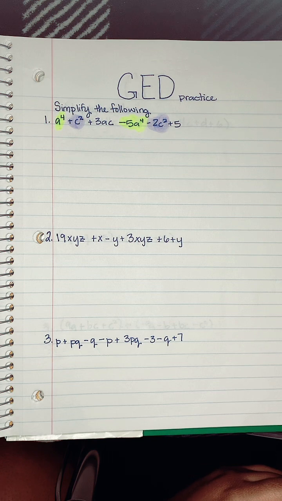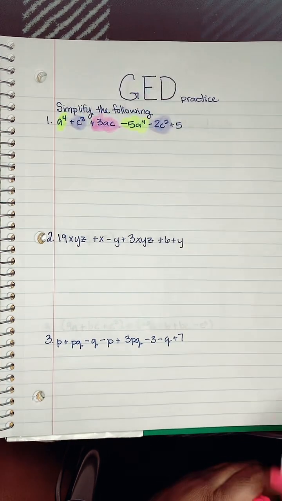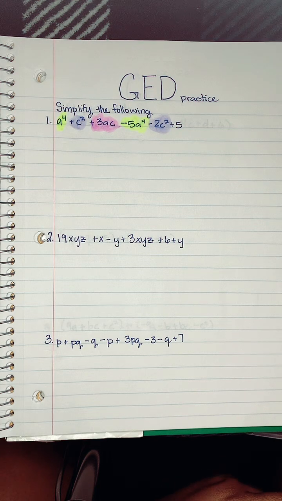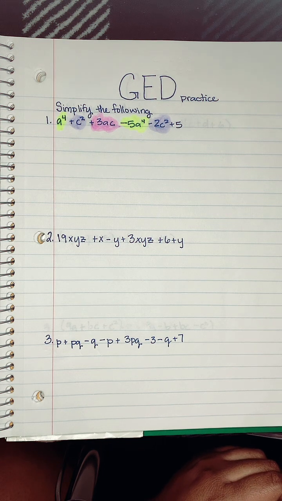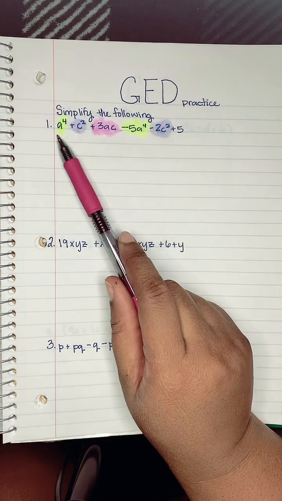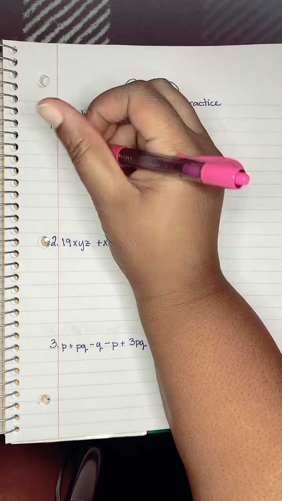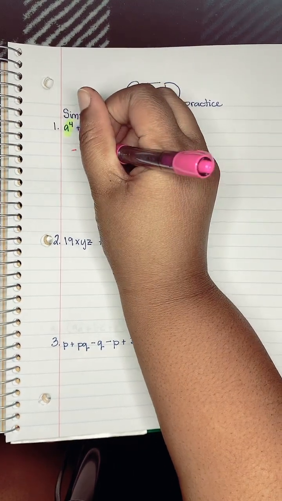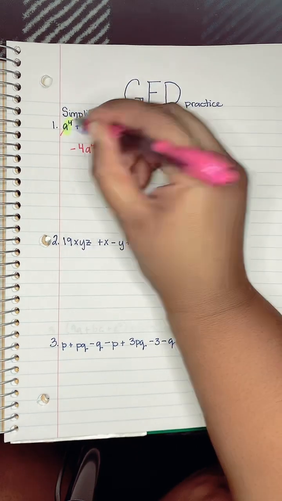And then we have this plus 3ac and this plus, let me see, what color haven't I used? We'll just leave it colorless. So 1a to the 4th minus 5a is going to give us negative 4a to the 4th. That's my yellows. So these are gone now.